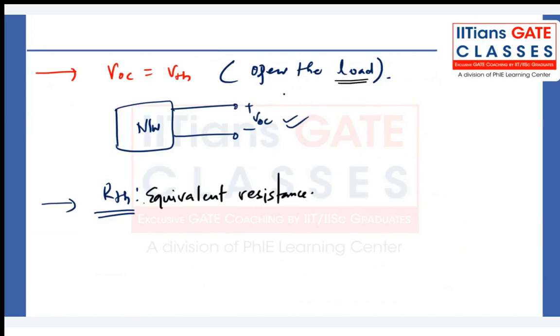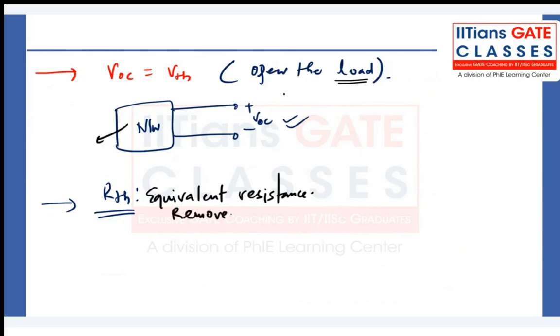If the network contains only independent sources and no dependent sources, this is one method. First, remove RL.